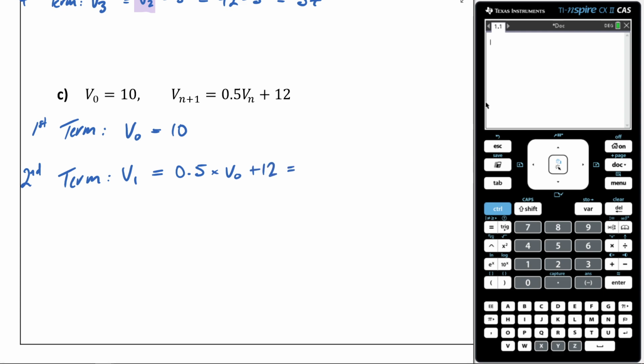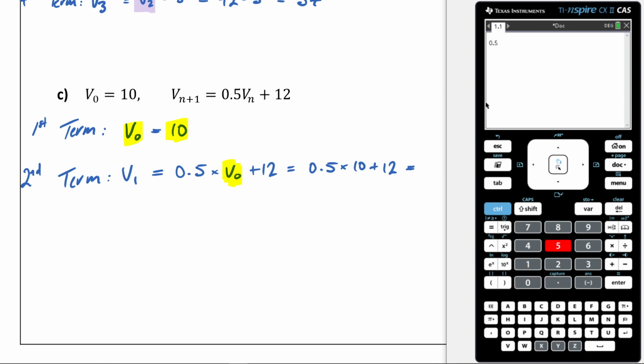Now take note that v of 0 is 10. So that means I put a 10 into that spot right there. So what I'm going to end up with is 0.5 times 10 plus 12. You can put that in the calculator. You go 0.5 times 10 plus 12. It's going to be 17.